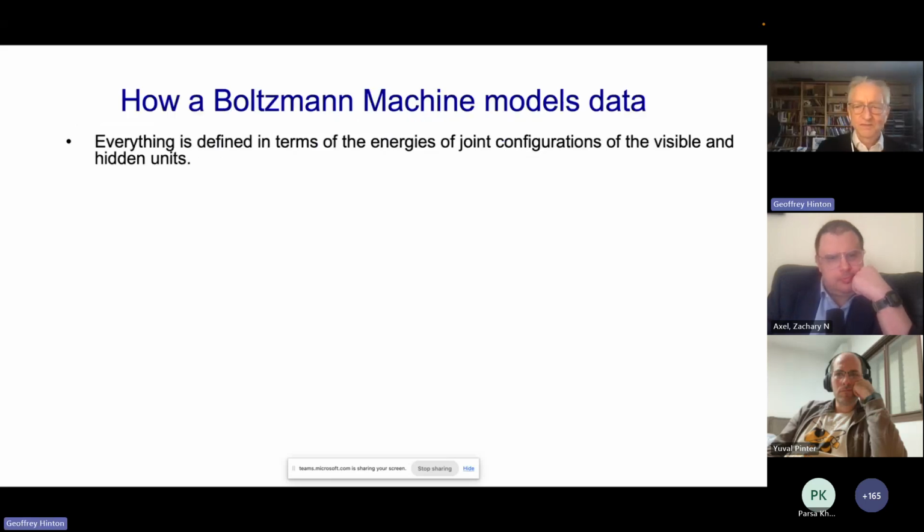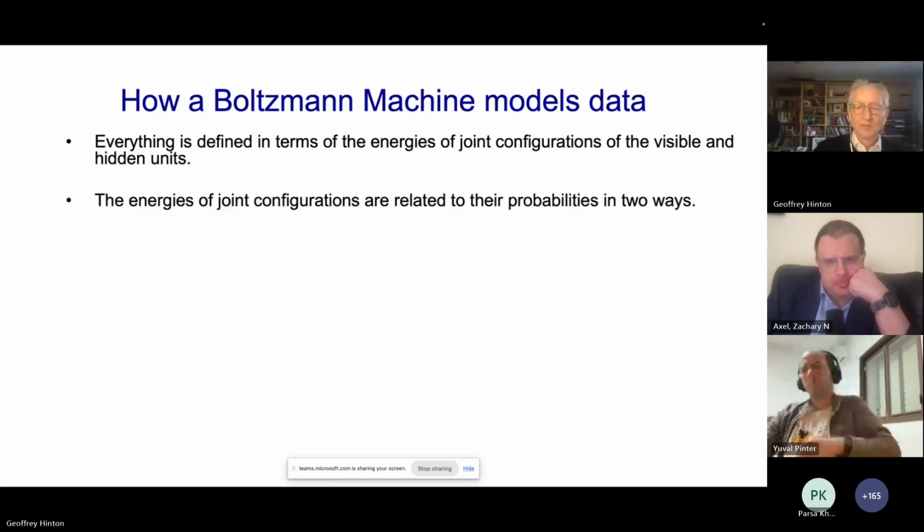With the Boltzmann machine, everything depends on the energies of joint configurations of the visible and hidden units, and the energies of the joint configurations relate to the probabilities of those configurations. You can think of it in two different ways.